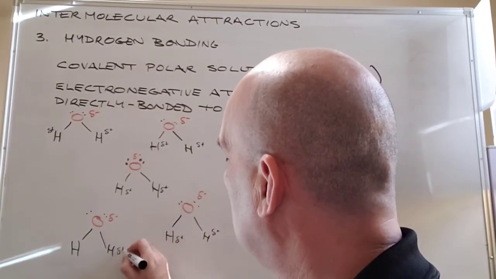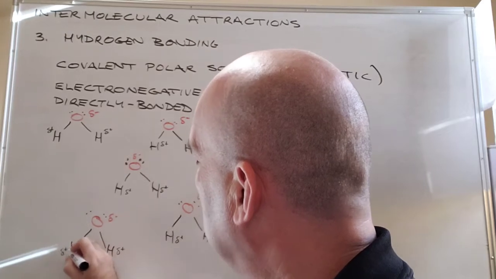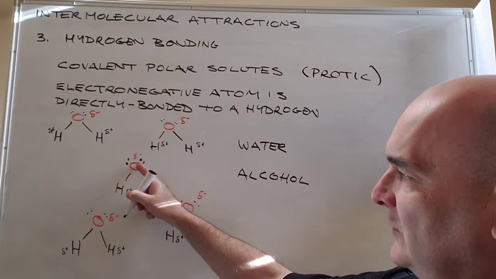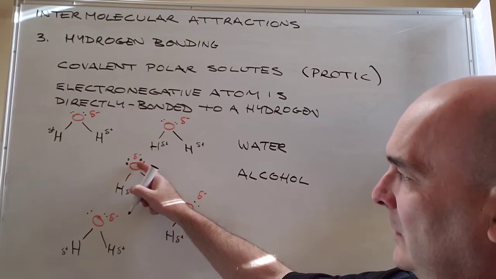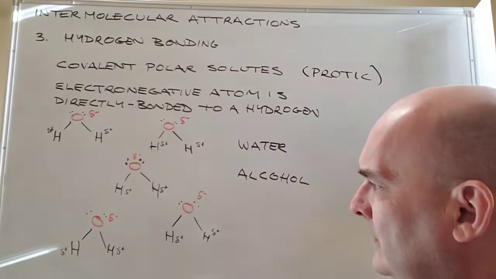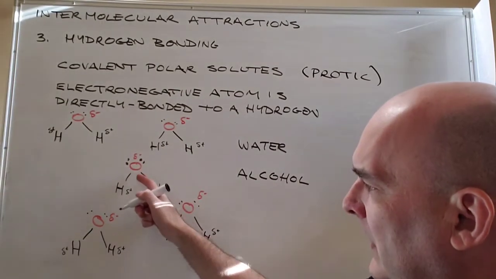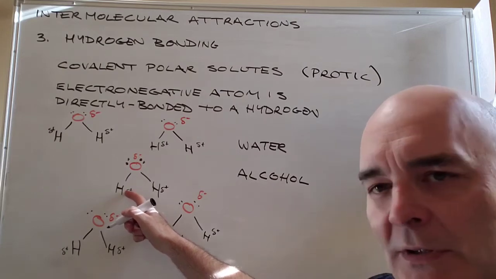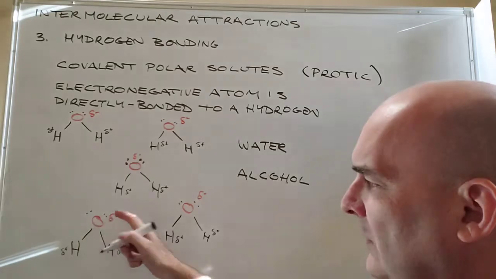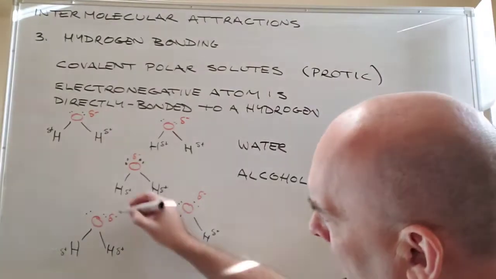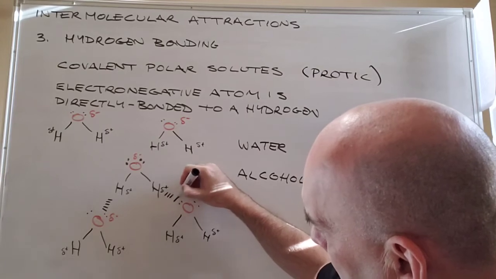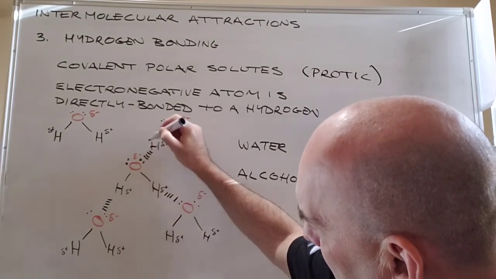So we're going to start by pointing the negative oxygen of this molecule towards the positive hydrogen of another molecule. But also I'm going to point the hydrogen of this molecule to the oxygen of another one. And all of these interactions just consolidate.